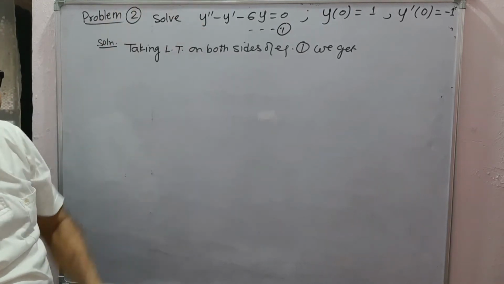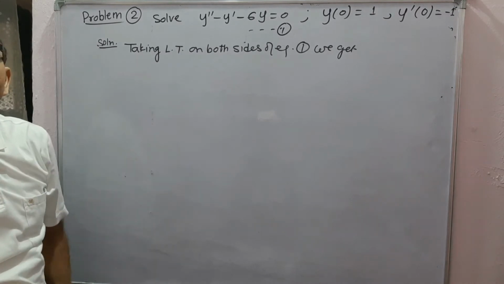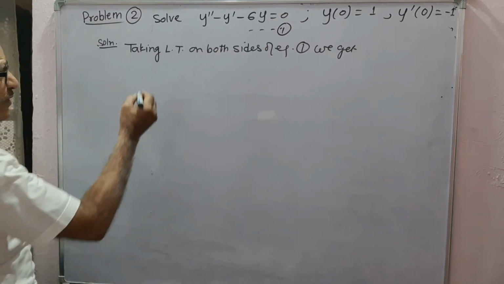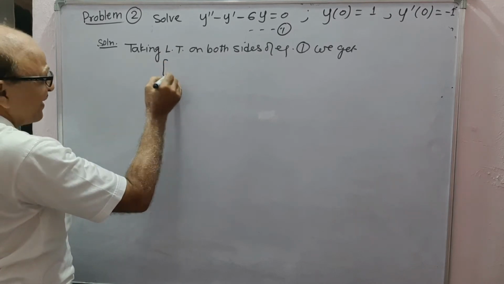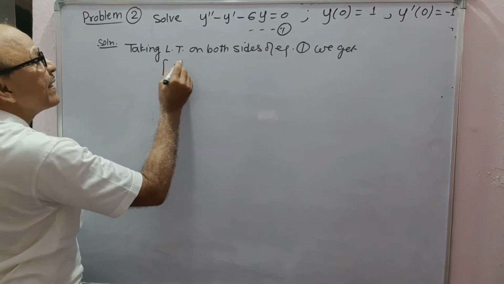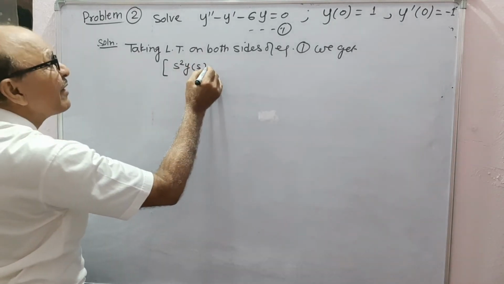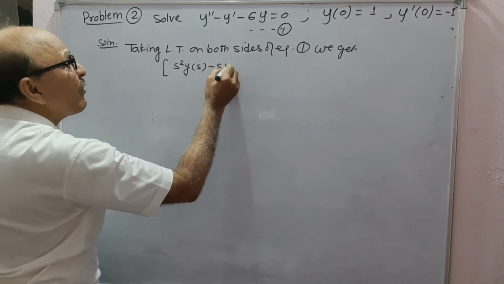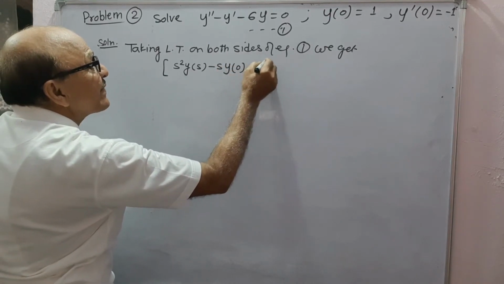As in the above question, we had used small n in place of capital N during Laplace transform. So this is the second derivative. Its Laplace transform will be s square small y s, just like small f s, minus s y 0 minus y dash 0.